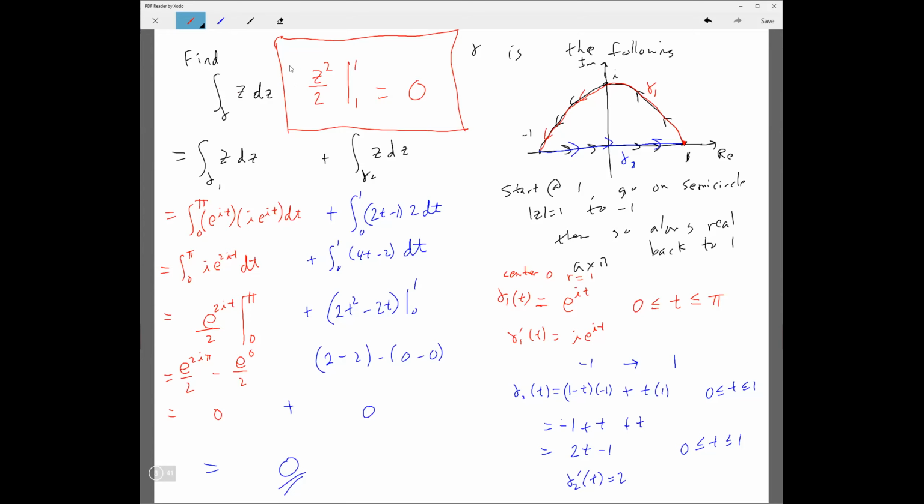So this problem, we could have done it much faster. We didn't have to parameterize all this curve, parameterize all that, and then take the integral there, add them together. And we get 0 at the end. But if you just go, okay, well, this is z squared over 2 and 1 to 1. The beginning and ending point is the same, so that's just going to be 0. Or, I mean, if you want to plug this in, that's 1/2, and then minus, plug that in, that's minus 1/2, so 0 again.